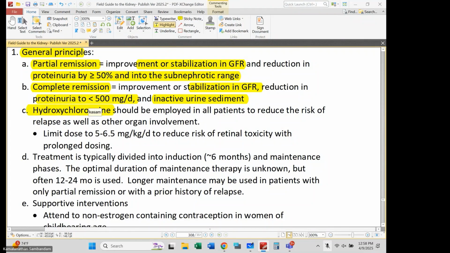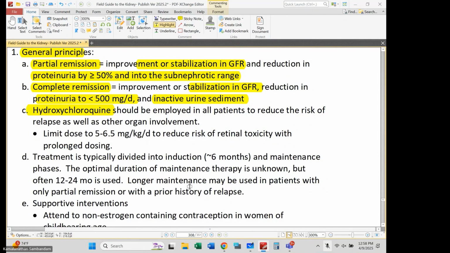Another general principle in treatment of lupus patients is you as a nephrologist should be prescribing hydroxychloroquine. This is not a rheumatology drug. This is a drug that you as a nephrologist should be prescribing. Hydroxychloroquine should be really part of the treatment of any lupus patient who has any level of disease activity.